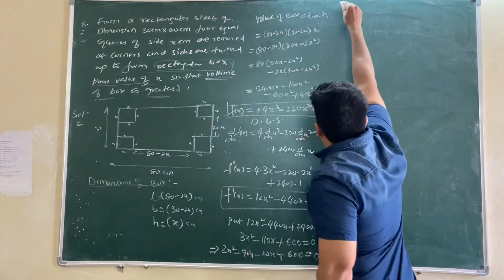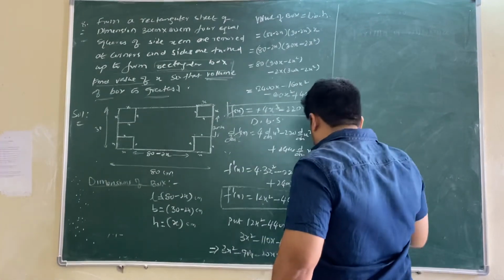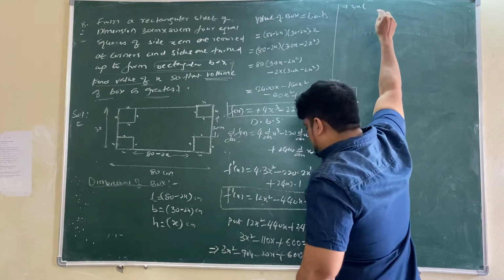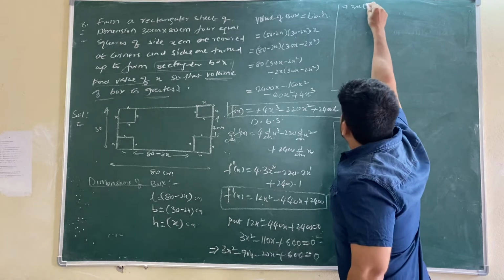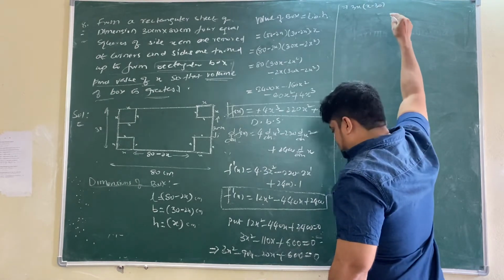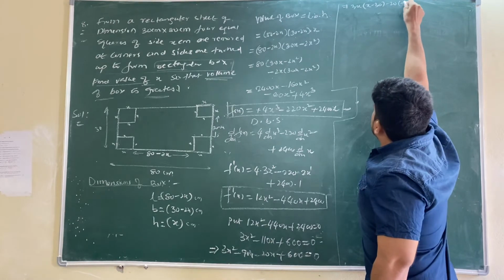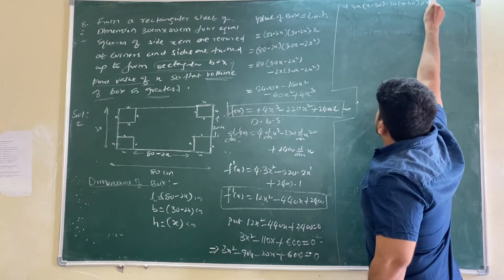Now what is common? 3x is common: 3x into x minus 30, minus 20 is common: minus 20 into x minus 30.